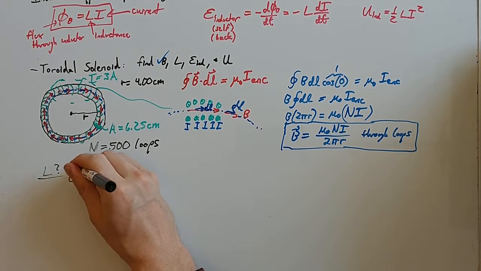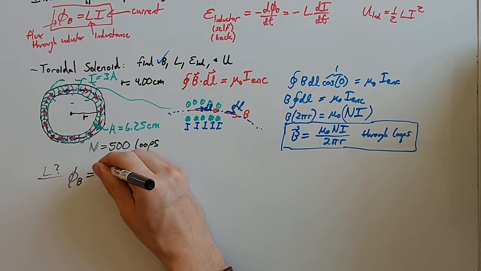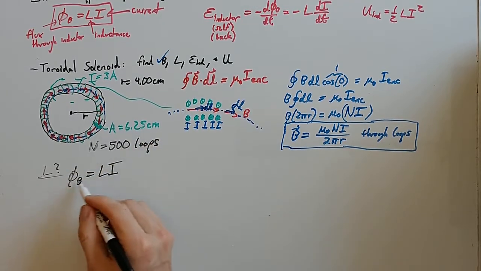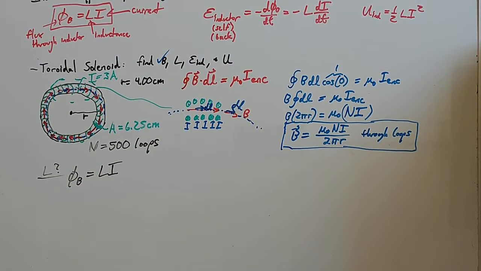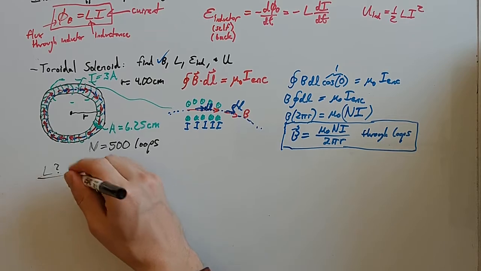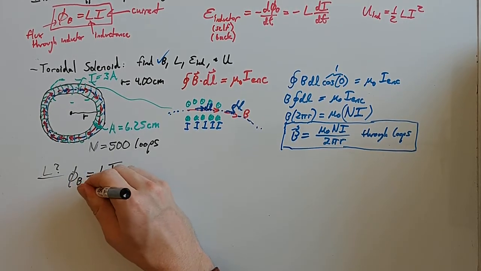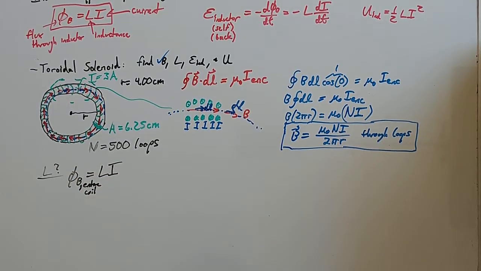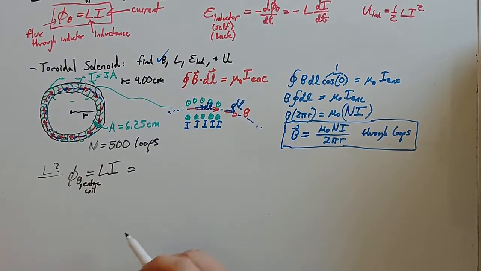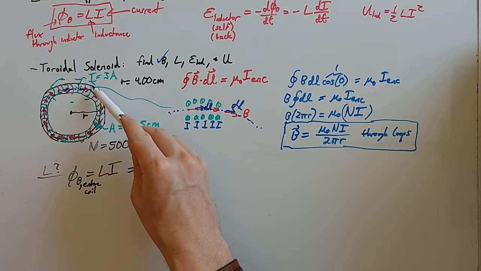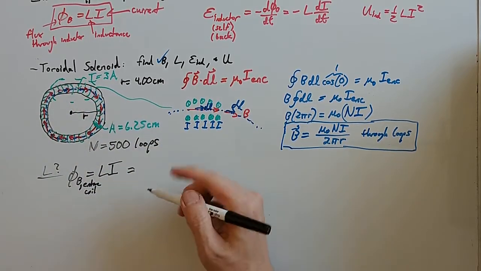phi B equals L times I, right? Where this is the flux through our solenoid. And this is the flux through the entire thing, right? Entire coil, the whole solenoid. Sometimes it's useful to split this up a little bit to think about the flux through each individual coil, right?